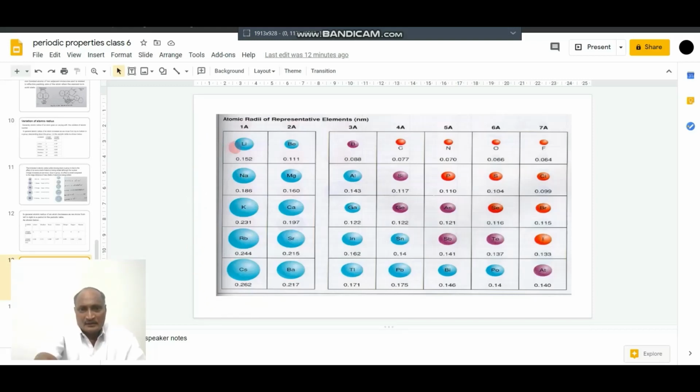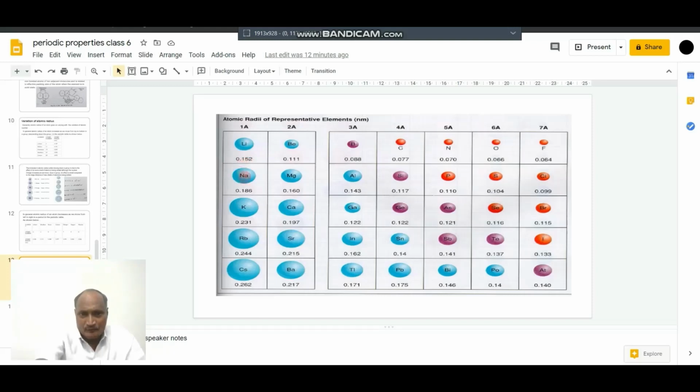Likewise, when we come across a period in the periodic table, as I have told you already, as we move from left to right, the atomic radius of an atom goes on decreasing. The decrease in the atomic radius of an atom along a period is due to the increased nuclear charge.